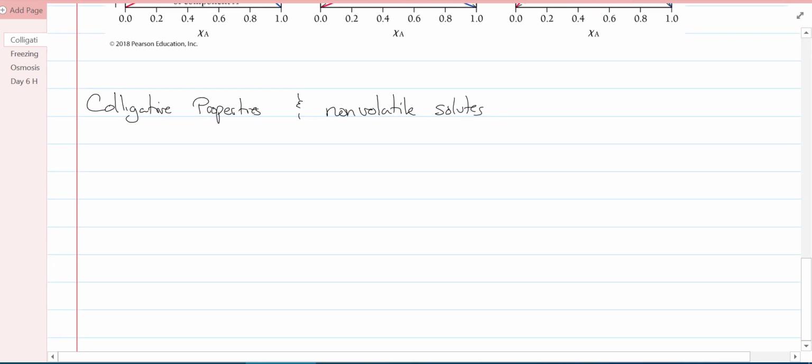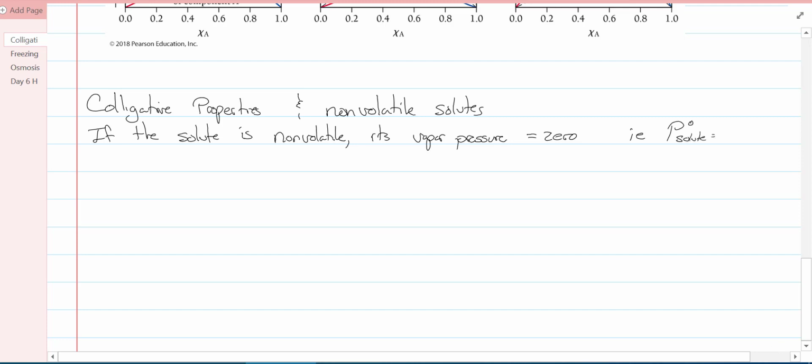Pretty much what we're going to assume is that if the solute is non-volatile, its vapor pressure is close to zero. All right? So i.e. P of the solute is 0, towards 0, right?